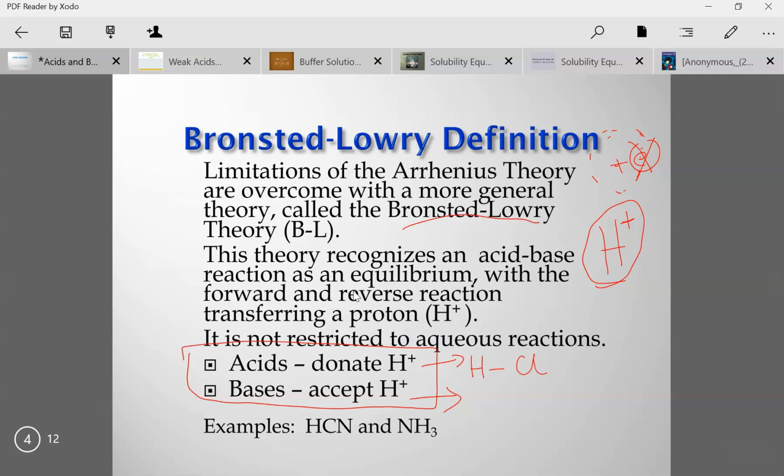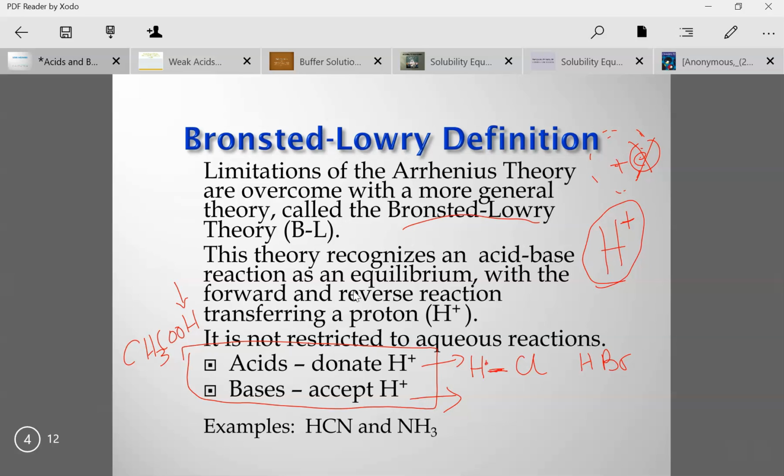So HCl or HBr or CH3COOH, where this H is the one that's given away. All of these can donate their H's by, see this bond over here?